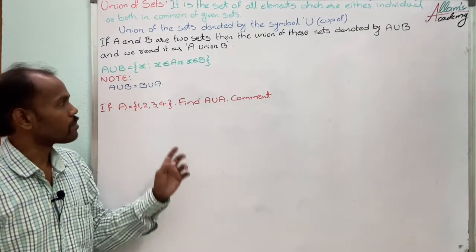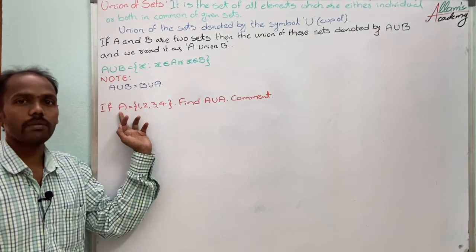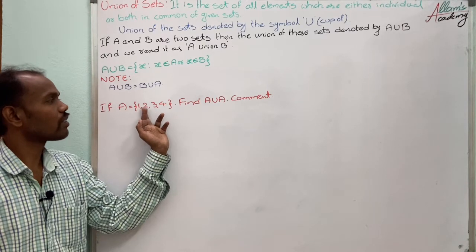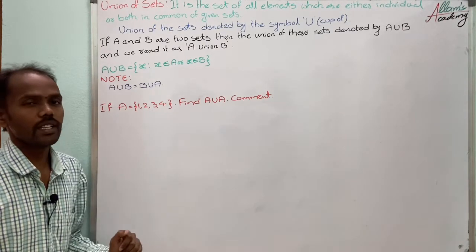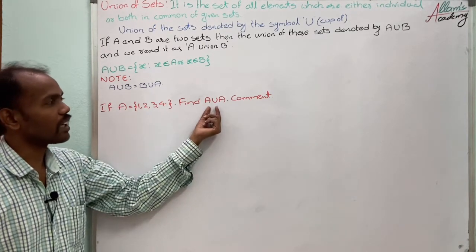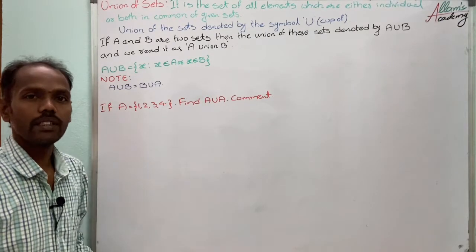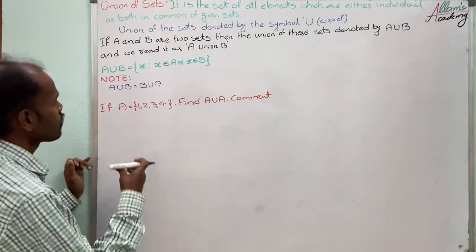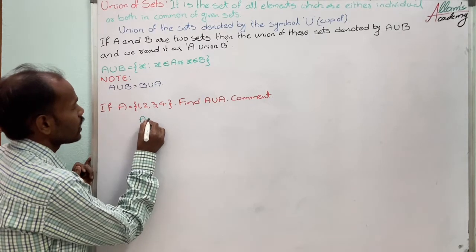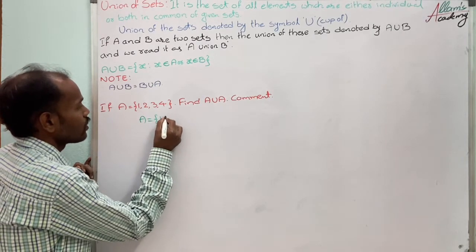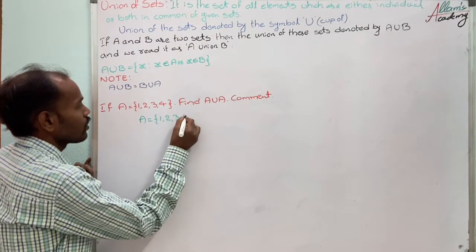In another problem, the set A equals {1, 2, 3, 4} is given. Find A union A and comment on it. So the given set A equals {1, 2, 3, 4}.